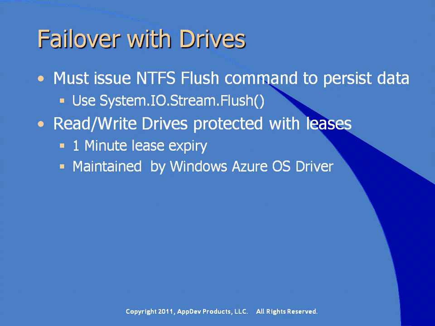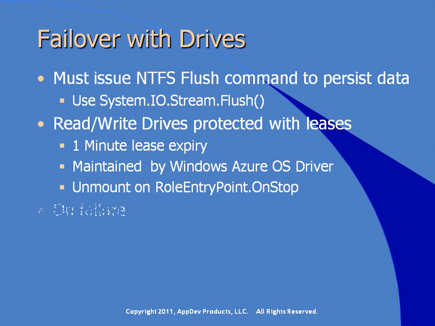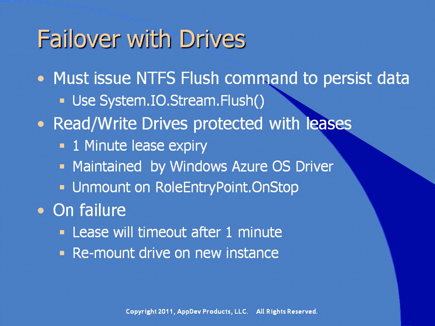All drives are maintained by the Windows Azure operating system driver, and you can unmount that drive in the RoleEntryPoint.OnStop method. For failure, the lease will time out after 1 minute, and then you can remount that drive on a new instance if necessary.